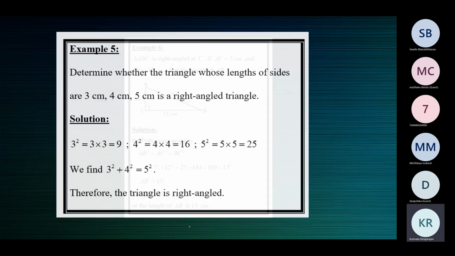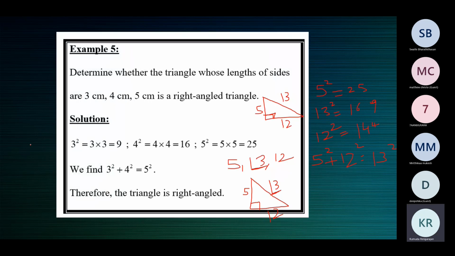So what we just understood is called the Pythagoras theorem. T-H-E-O-R-E-M, theorem.